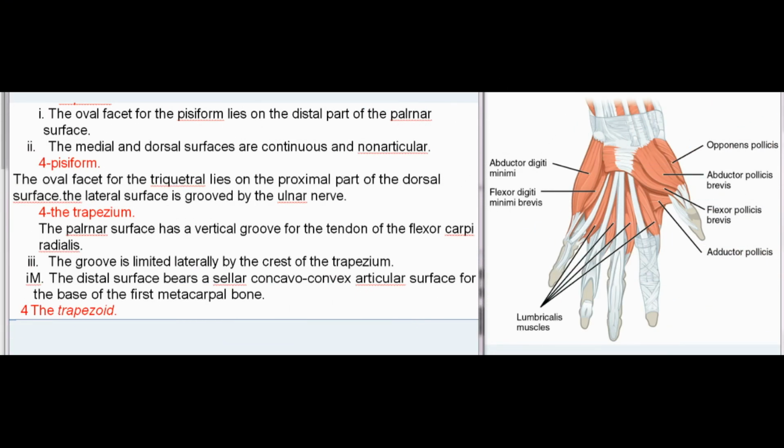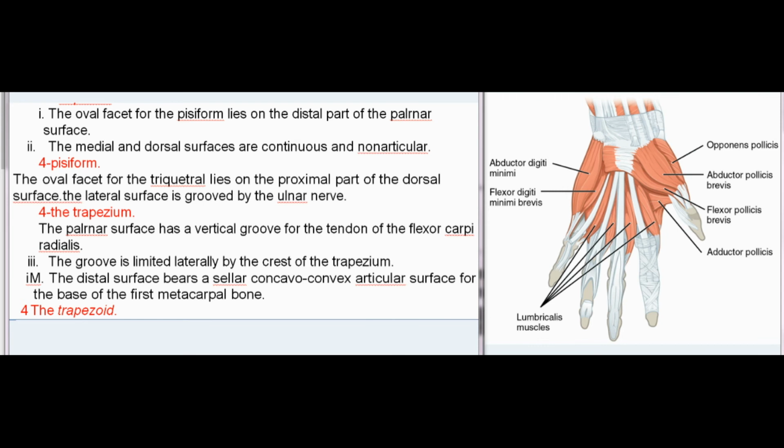The triquetral: the oval facet for the pisiform lies on the distal part of the palmar surface. The medial and dorsal surfaces are continuous and non-articular. 4. Pisiform: the oval facet for the triquetral lies on the proximal part of the dorsal surface. The lateral surface is grooved by the ulnar nerve.